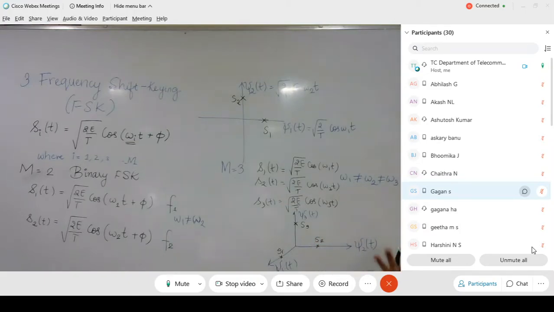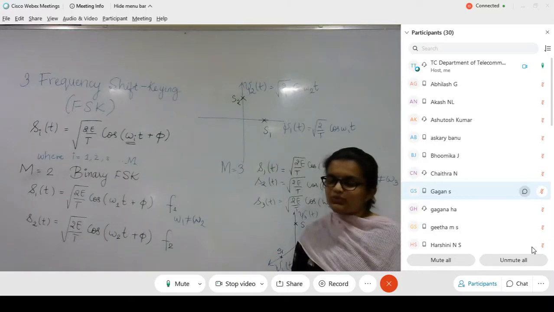Normally, for MFSK or FSK, we are going to restrict ourselves to M is equal to 2, not even 3. 3 is a hypothetical scenario, but we restrict to lower values of M in case of FSK.